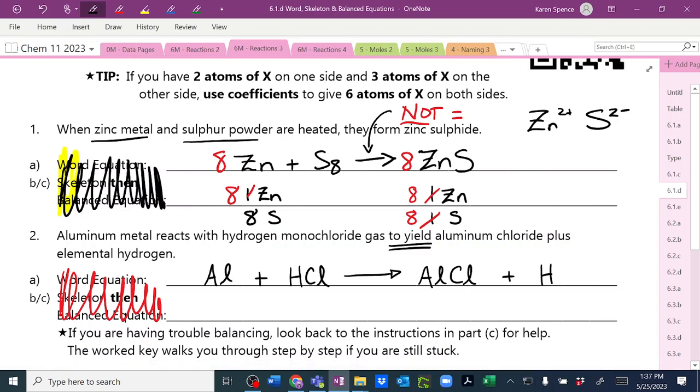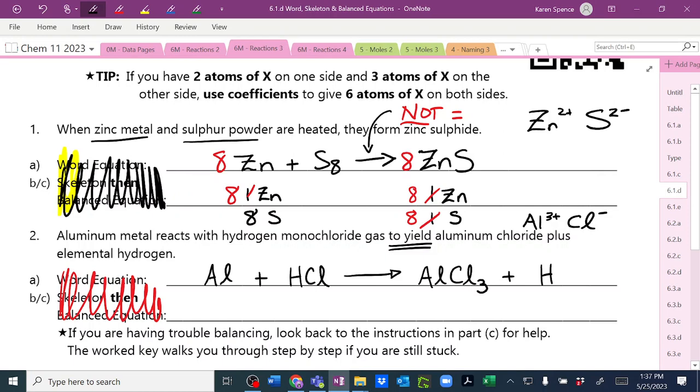Do you like my aluminum chloride? No, why not? Al in a compound is 3+, chloride in a compound is negative, so it should be AlCl3. So I'm good now, right?